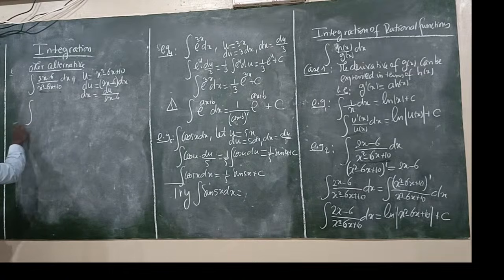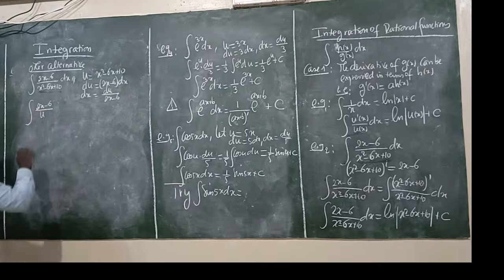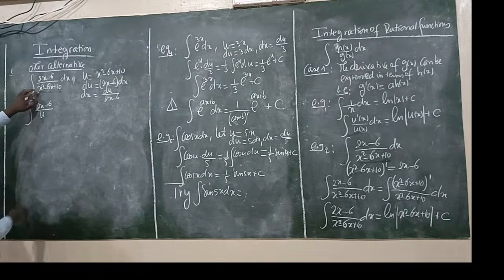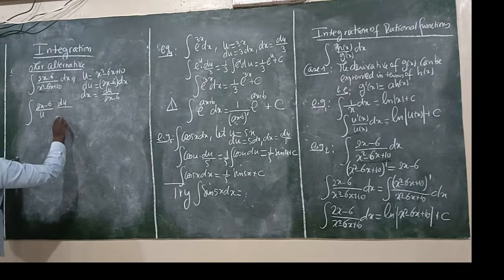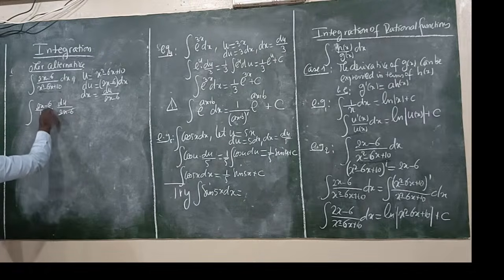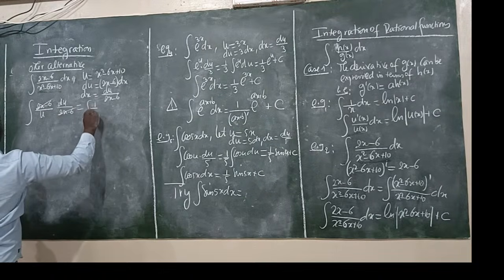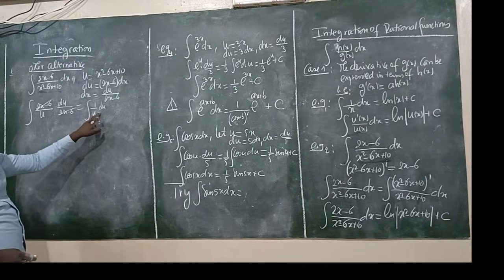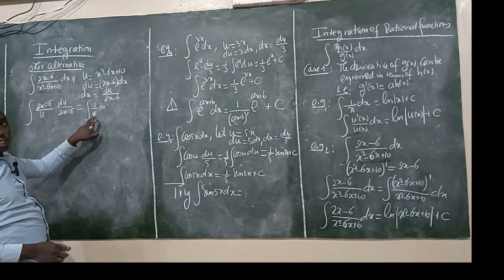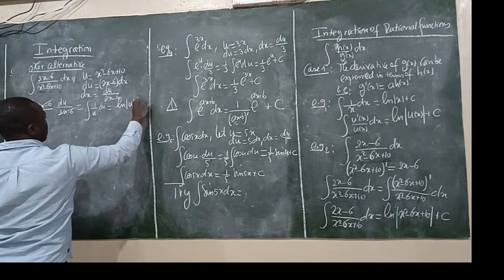So, let's go now. We have 2x minus 6 divided by u, times dx replaced by du over 2x minus 6. You see, I can simplify this and this. Here is 1 over u du. This must be a natural log of u, because the derivative of u with respect to u is 1. This is ln of u plus c.